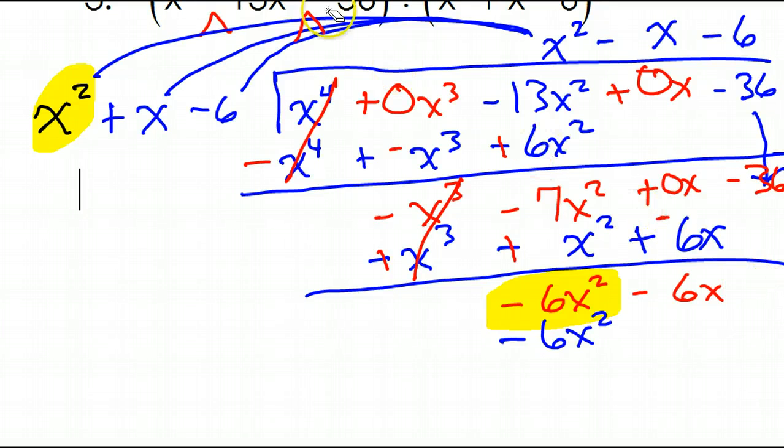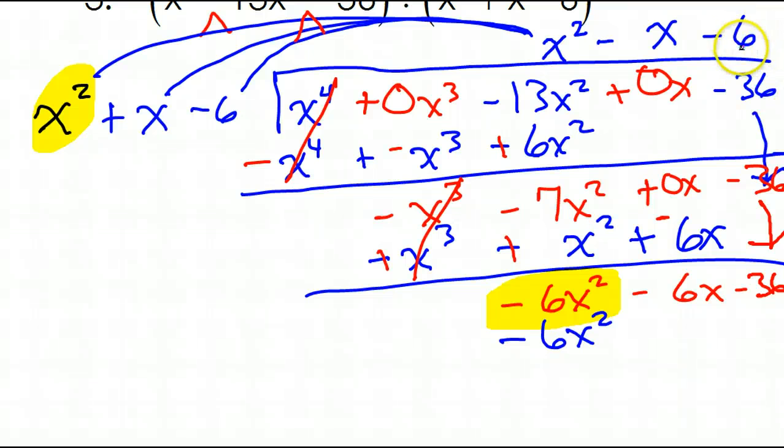Okay, so I have a negative 36 right here. I should have been bringing that down the whole time. Just bring everything down. All right, so where was I? I was distributing or something.